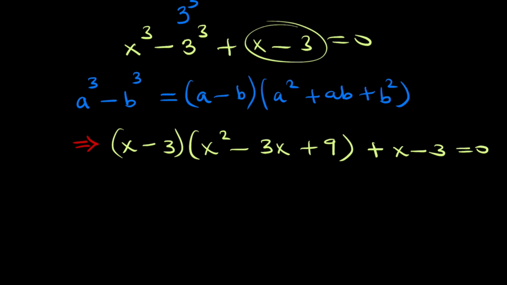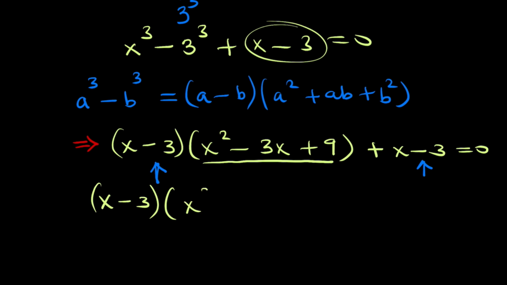If we look at the expression on the left hand side of this equation, we'll observe that x minus 3 is common to both terms of this expression, and we can factorize that as x minus 3 into bracket what is left here, which is x squared minus 3x plus 9 then plus 1 is equal to 0.